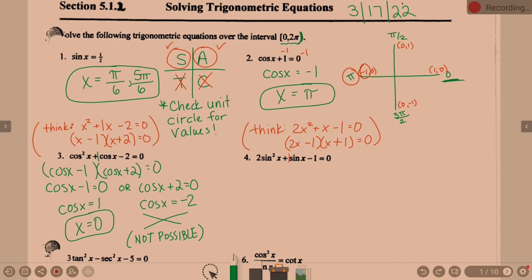We're going to factor this into, instead of 2x minus 1, I'm going to say 2 sine x minus 1. Instead of x plus 1, I'm going to say sine x plus 1.